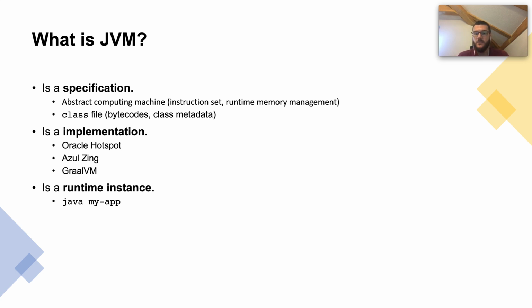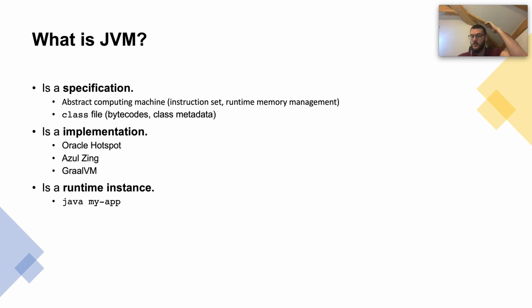The JVM does not know the Java programming language. The JVM only knows the specific binary format, or the .class file. The .class file contains the JVM instructions, so the bytecodes, and other class metadata that we will see later.